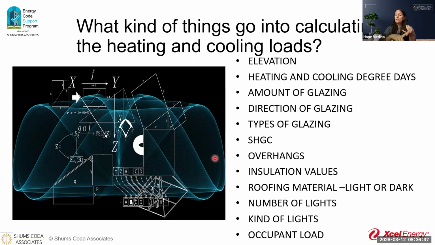So the amount of glazing you have, the direction it's facing, the type of glazing, and really importantly, the solar heat gain coefficient of that glazing and the overhangs. Remember, the solar heat gain coefficient is the amount of solar radiation heat that is passing through the window or the glazing as opposed to being reflected away. The overhang.